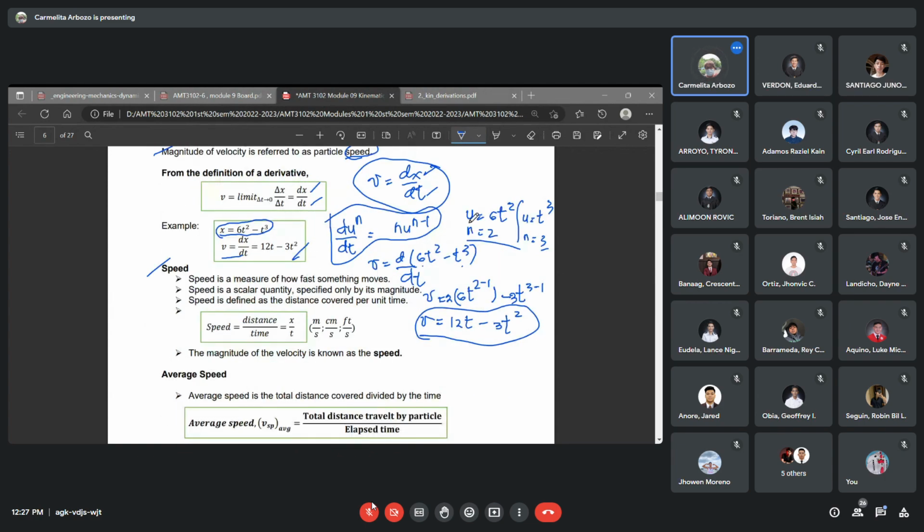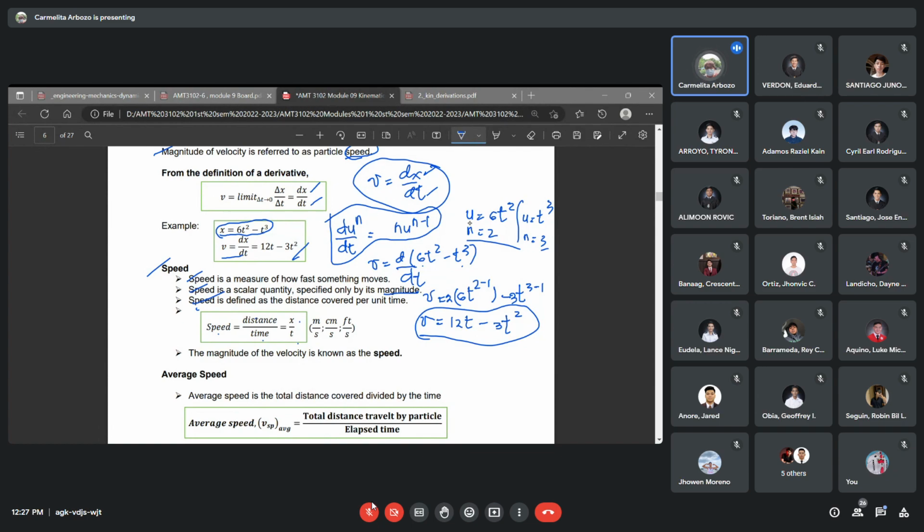Okay, next. Speed. Speed is a measure of how fast, gaano kabilis gumalaw. Ang speed ay scalar, specified by magnitude alone. And speed is defined as distance traveled per unit time. So, ito yung speed, distance traveled over time. So, you have x over t.